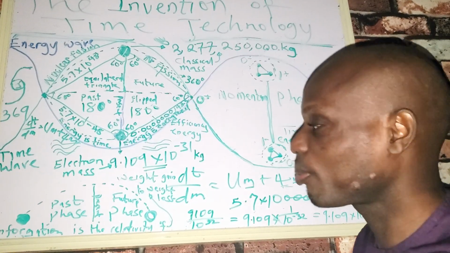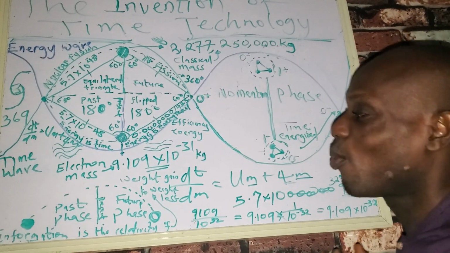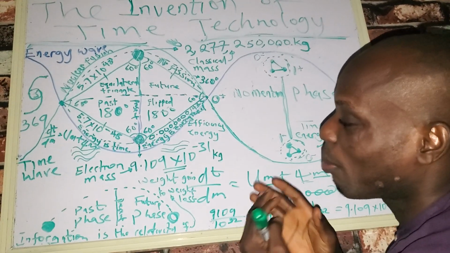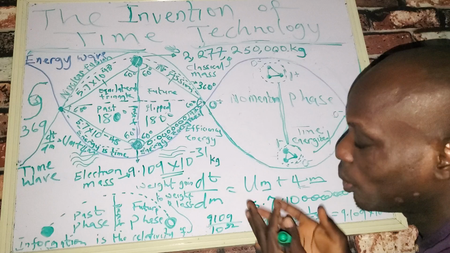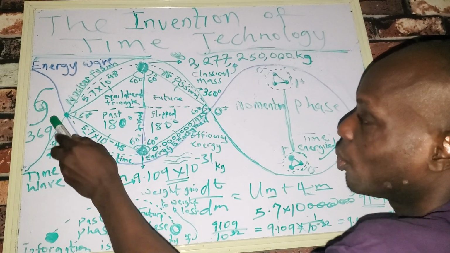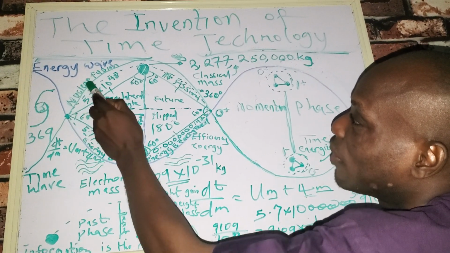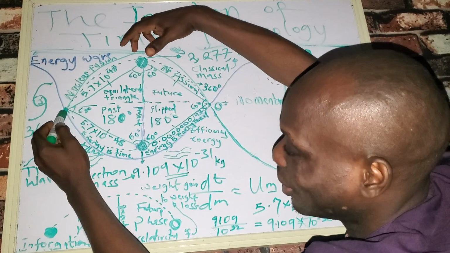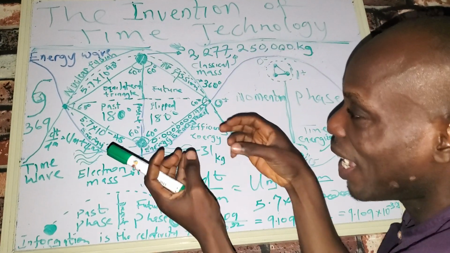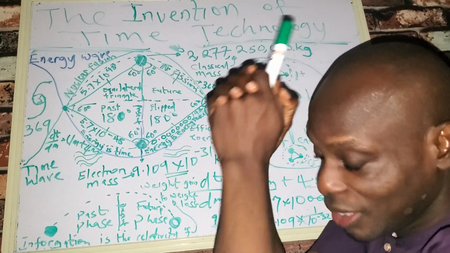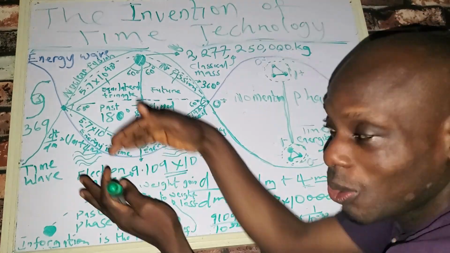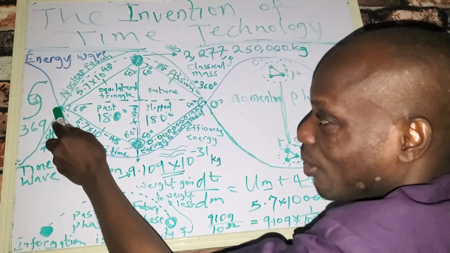Now, when the ball is being kicked, it will move from the past phase through the present into the future phase. So the ball, as it's been lifted up into the air, will accumulate mass as the energy introduced by kicking the ball will be converted to what is known as energy density right here.